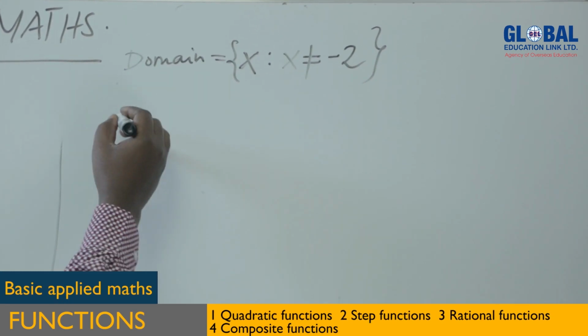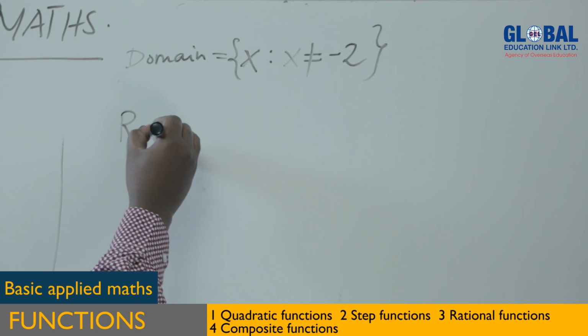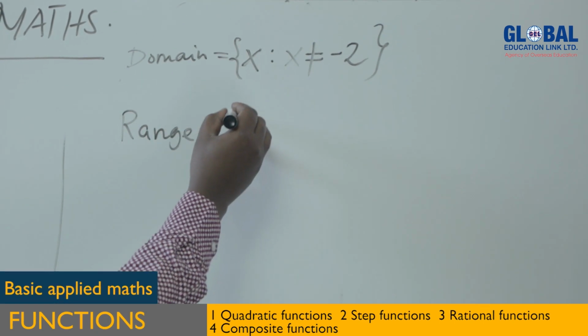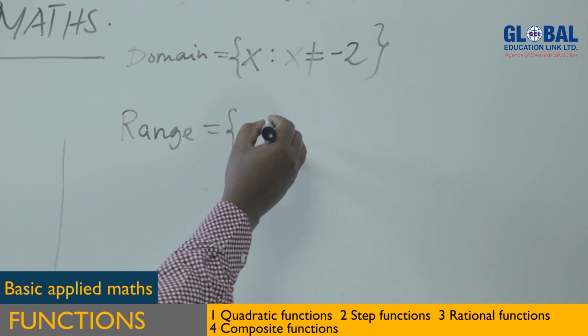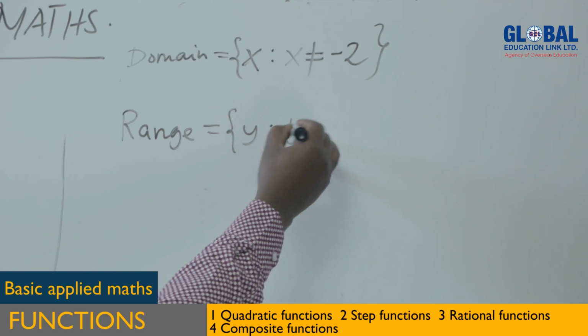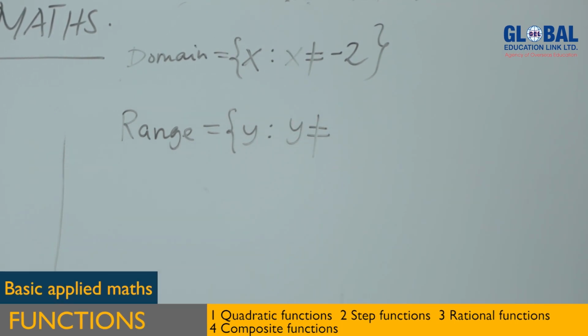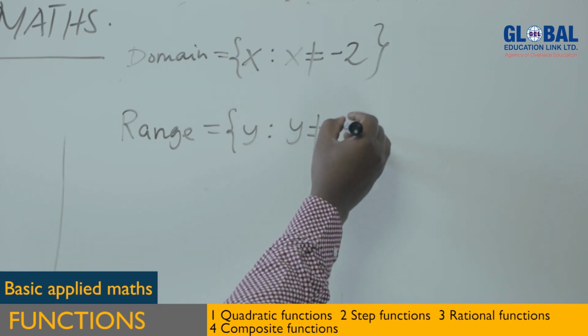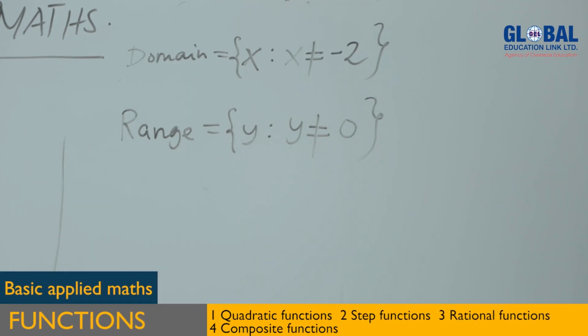The same applies to the range. Remember, for the range, we are talking about the y values, such that y is not equal to 0, which is the horizontal asymptote. That is why we are using a dotted line.